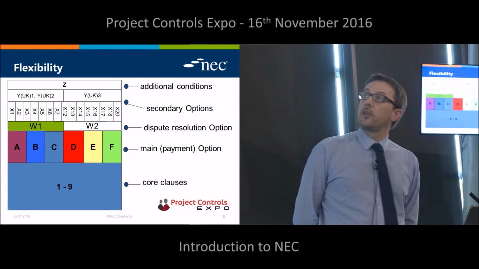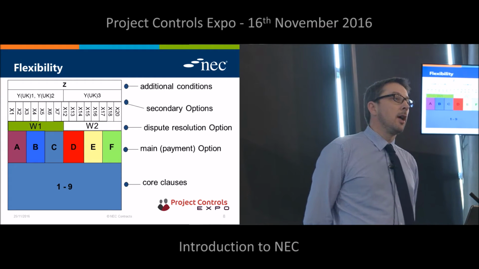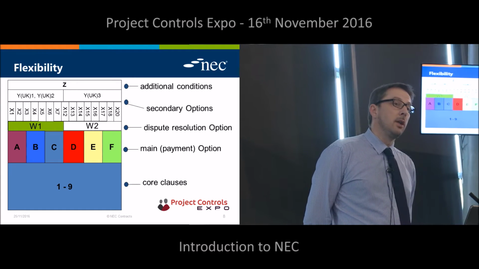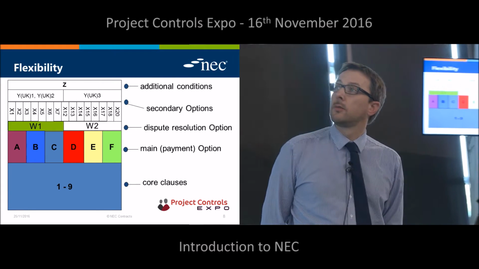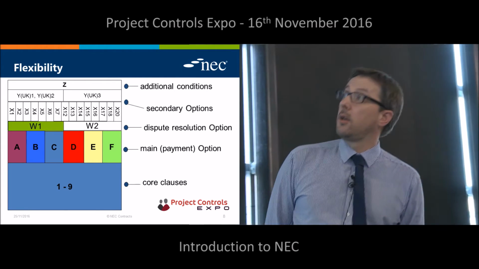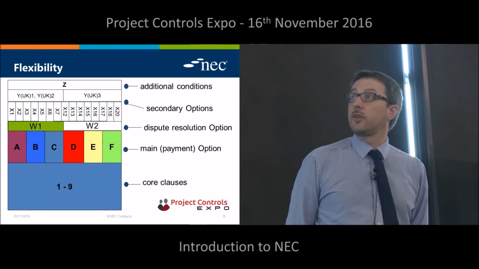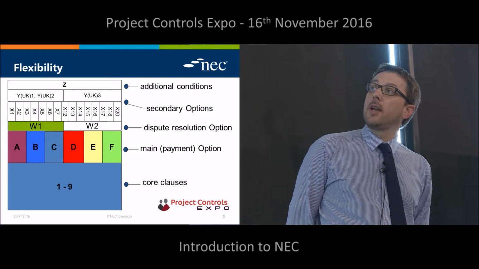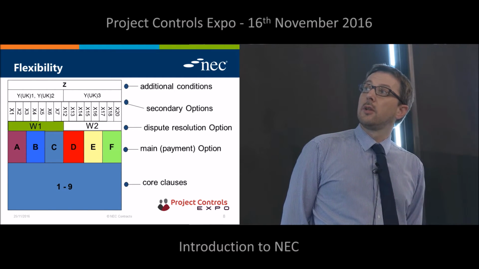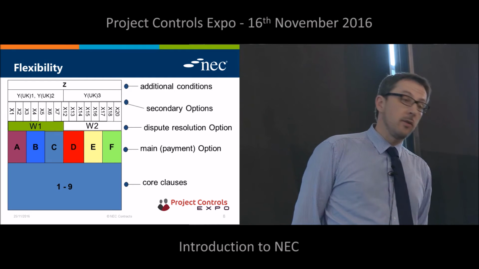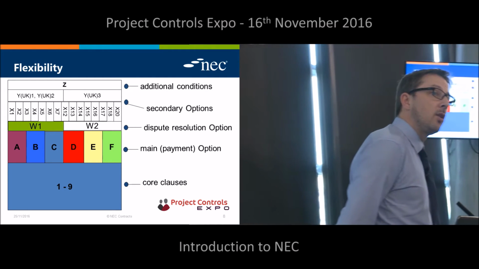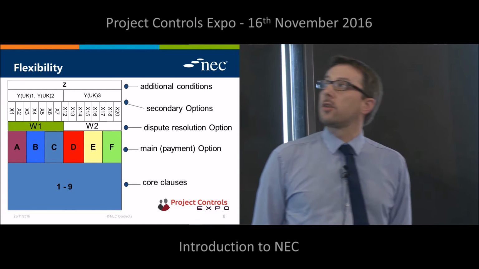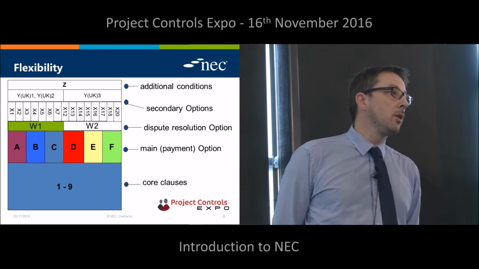You then choose one of the dispute resolution options, and this relates back to things like adjudication process, Housing Grants Regeneration Act. So typically in the UK, you would use W2, overseas you would use W1. And then there are a range of secondary option clauses, as you can see there, X clauses and Y clauses and Z clauses. Okay. And each of the X clauses deals with a particular issue.